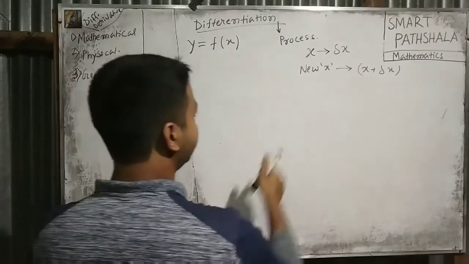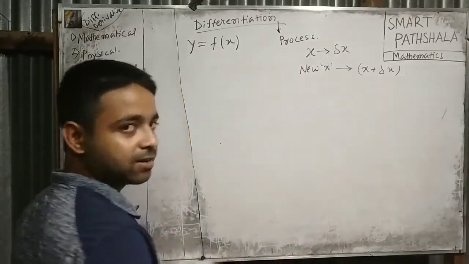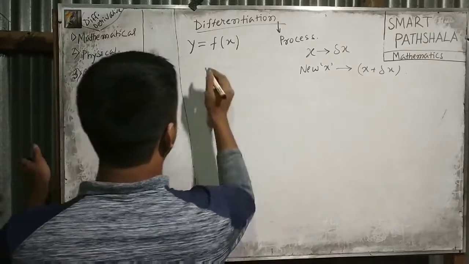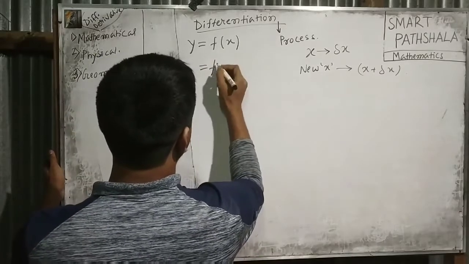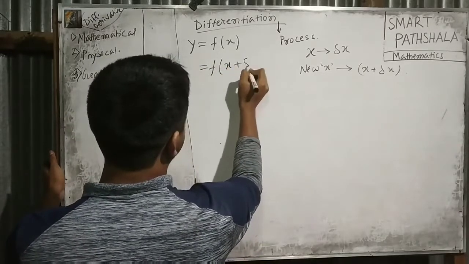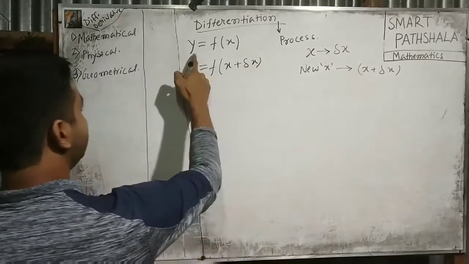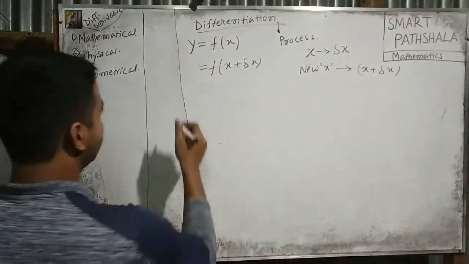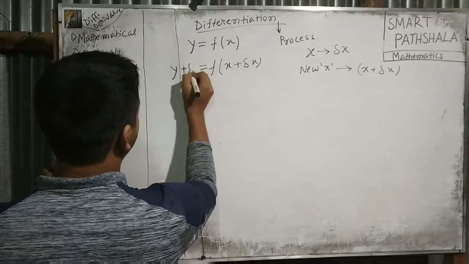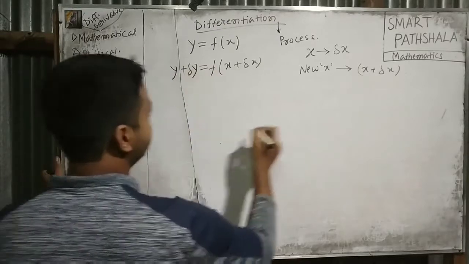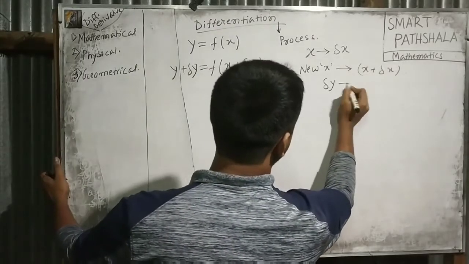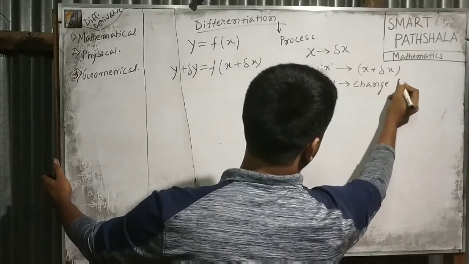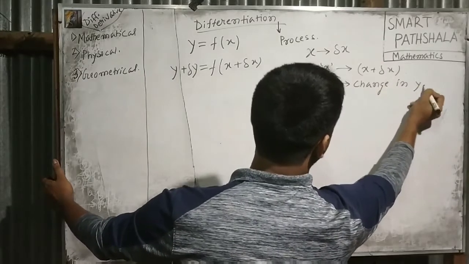The new x becomes x plus del x, obviously, right? Now, when this term is x, then we have y is equal to f of x. Now, when we increase x, when the new x becomes x plus del x, then what is this y? This y will not be the same, obviously. This y will become y plus del y, where del y is the change in y.